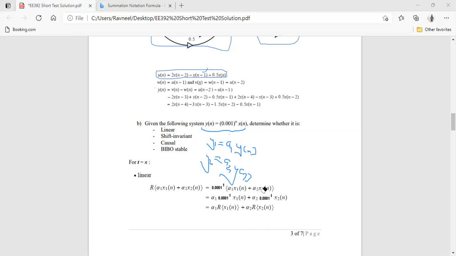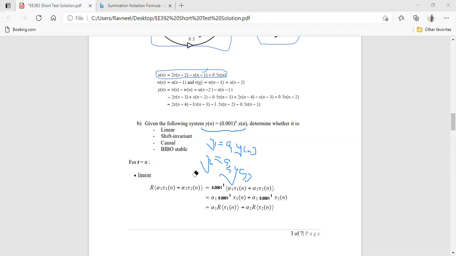That is what we are getting, and we should get y1 plus y2 at the end. If it's linear, your input additivity and homogeneity should equal your output additivity and homogeneity, right?